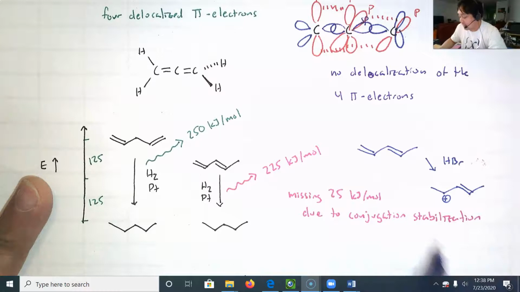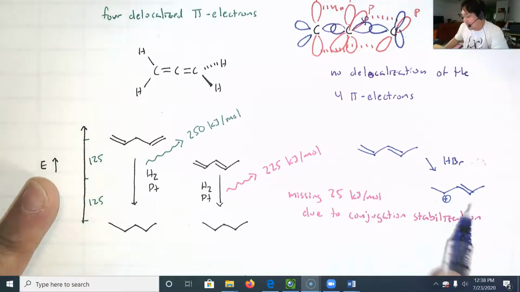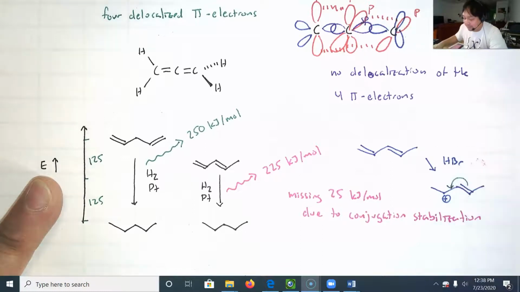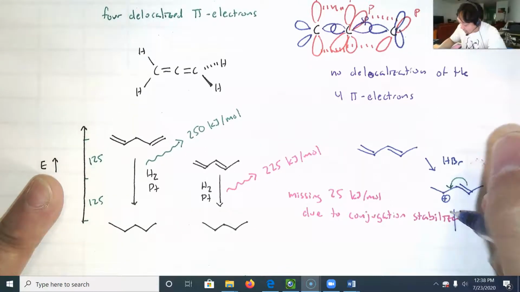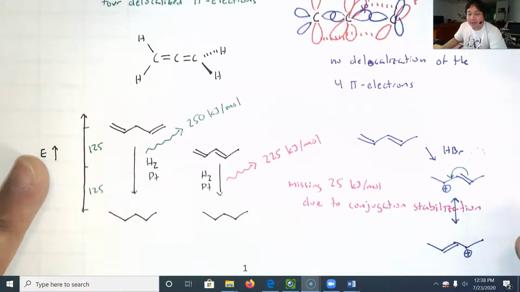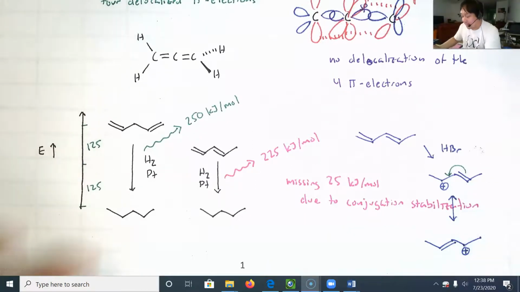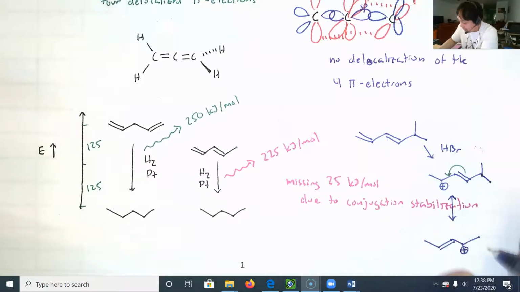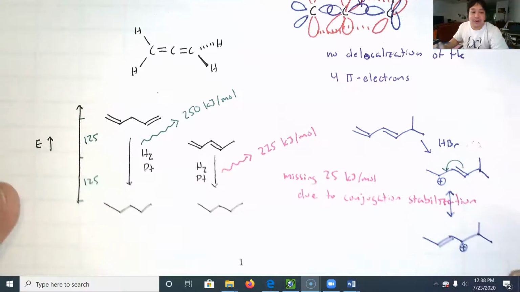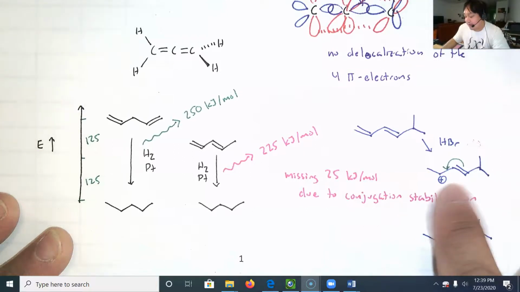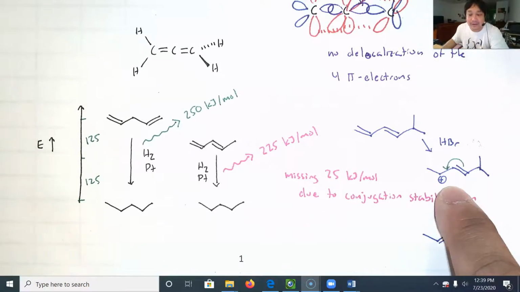Because the diene was conjugated, that double bond is perfectly situated to do this action right there, to do resonance. And we get a new carbocation. Now the molecule is symmetrical, so we would end up with the same product. But let's make it not symmetrical, okay? What this is showing you is that due to the conjugation, we could have the sharing of electrons even when it's a cation.